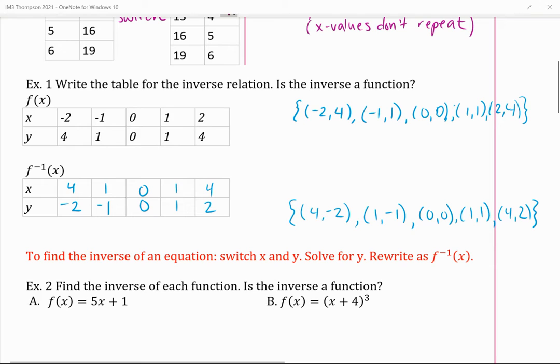Cool. So here's the new table. Then it says, is the inverse a function? Well, the inverse is a function if the x values do not repeat. So I check out the x values, and I have 4, 1, 0, 1, 4. Is that a function? No, it is not.